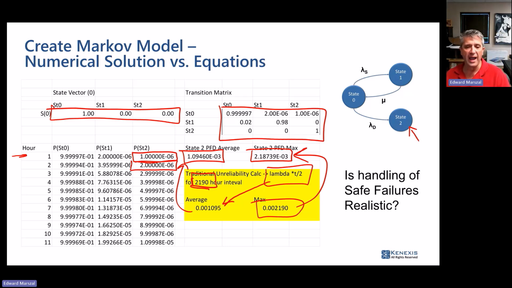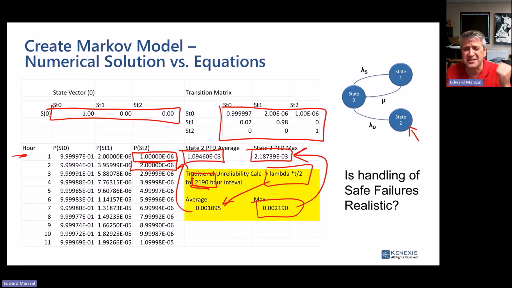So why the heck am I doing this? And this is for 1/4. If you want to do this for 1 year, I'm doing 8,760 matrix multiplications to get to a number that I could get to just as accurately by multiplying 2 numbers together. So as you see, this is very time consuming and very computationally intensive.